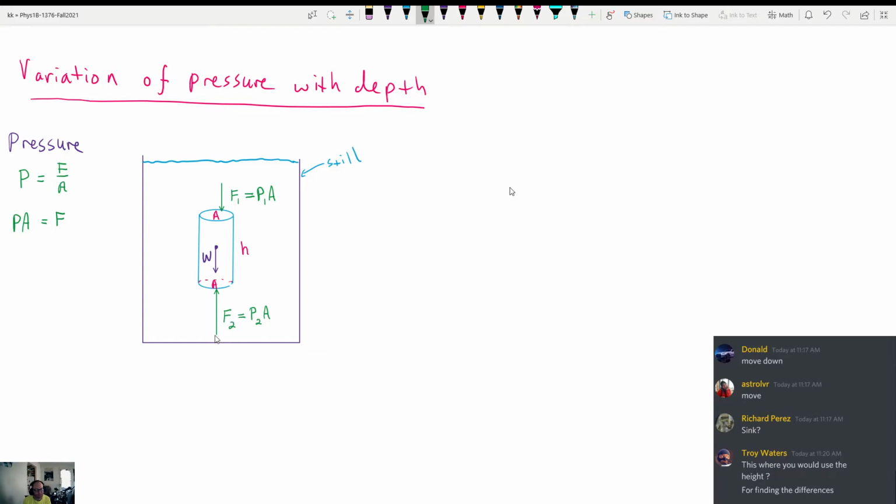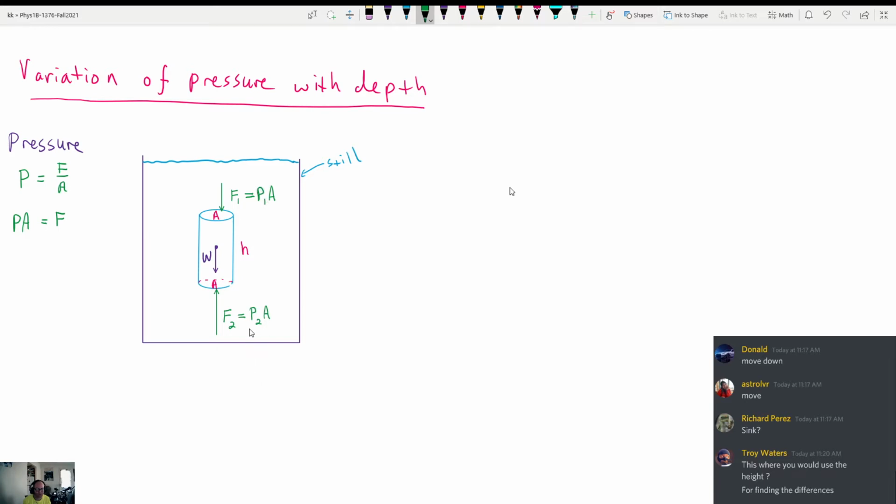Yeah. But look, the goal of this whole thing is to find the variation of pressure with depth. That is to say, how does the pressure vary when you go to different depths within the water, right? So that is right, we'll use the height for finding the differences. But our real goal is to see what the relationship between pressure 2 and pressure 1 is.